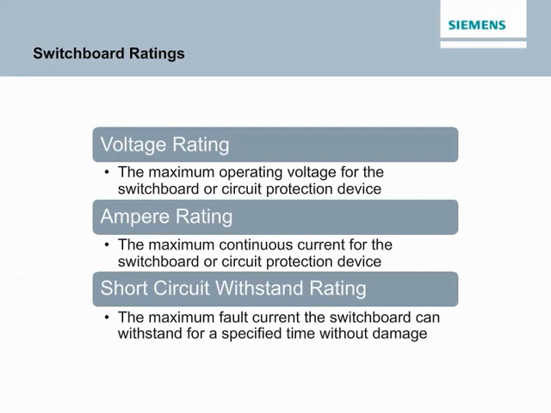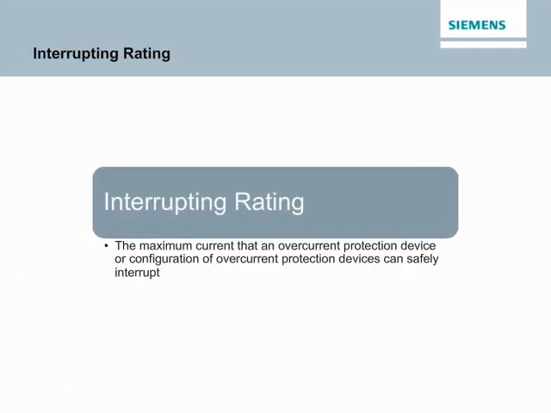The short circuit withstand rating of a switchboard is determined by the combined withstand, interrupting, and current limiting capabilities of the bus, overcurrent protection devices in the switchboard, and any overcurrent protection devices within or ahead of the switchboard that may supply and protect it. Interrupting rating is the maximum level of current that an overcurrent protection device, a fuse or a circuit breaker, can safely interrupt without damage under specified conditions.